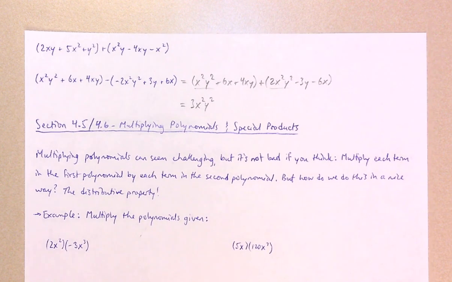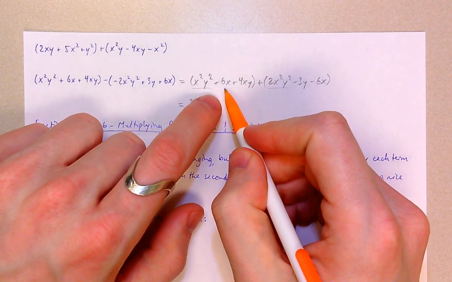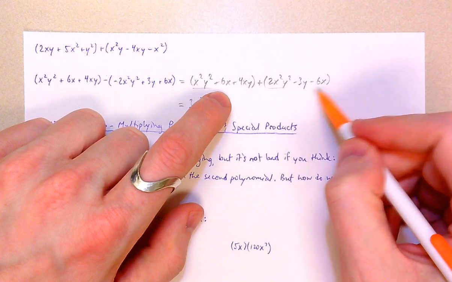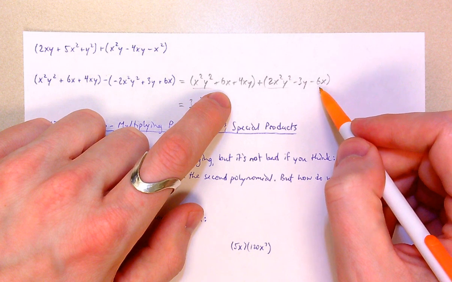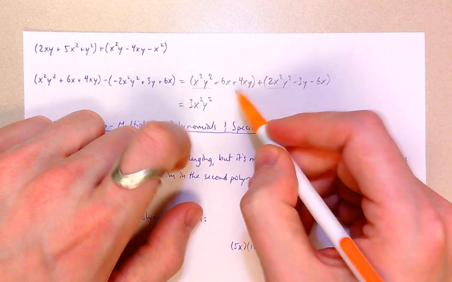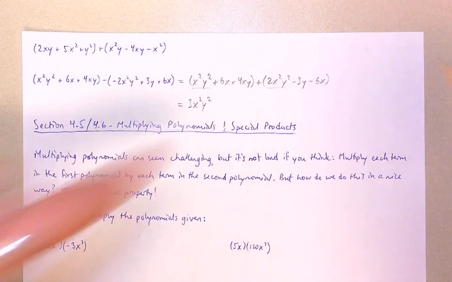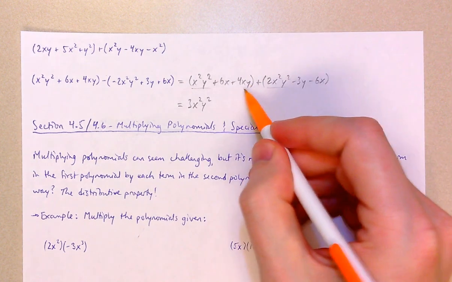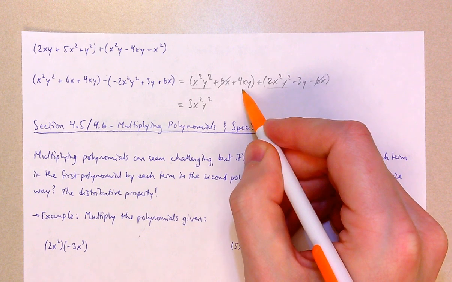Okay, do we have any other term that is like 6x? Not there, but here we do. We have just an x, so I can combine these things. And plus 6x minus 6x, those guys nicely cancel out to 0, so I don't have to write anything. Do I have a term that is like 4xy?